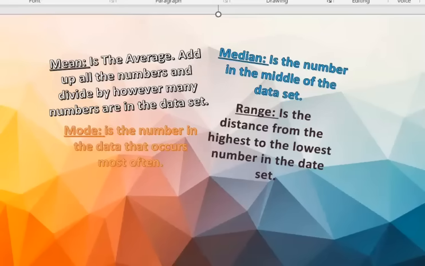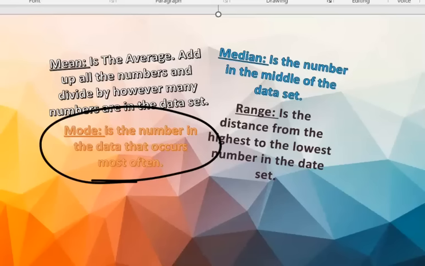Okay, then we have the mode. The mode is the number that simply happens most often. So if the data set is 2, 2, 4, 4, 4, 4, 3, 7, and 9, the one that happened most often was 4. That would be the mode. And then the last thing is the range.